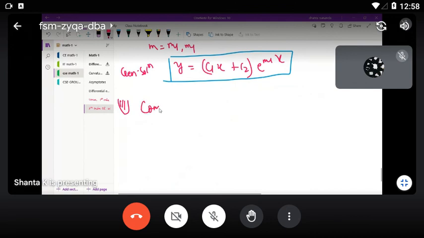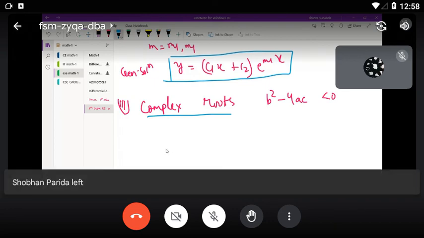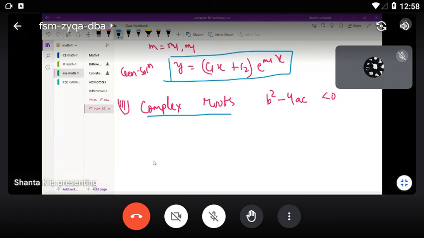Then we have complex roots, and this happens if in the equation b square minus 4ac is less than 0. So here the solution will be of this form: y of x equals e power px (C1 cos qx plus C2 sin qx).